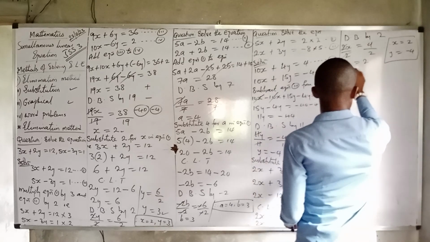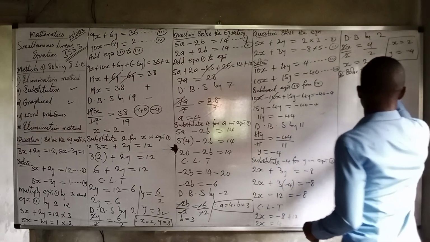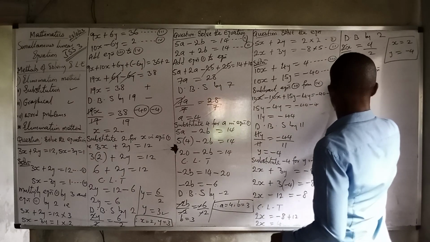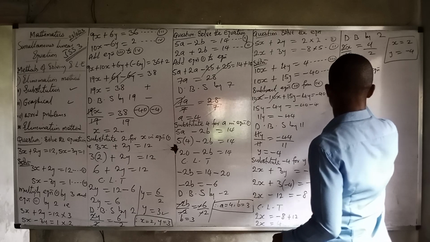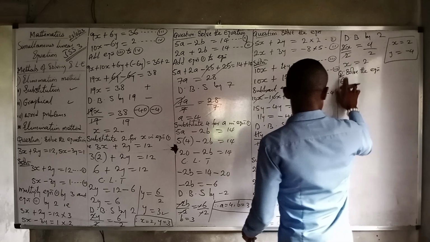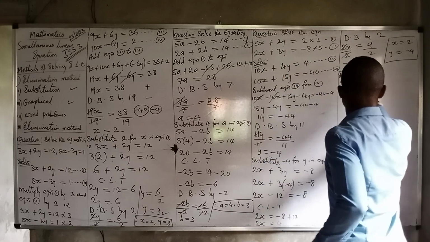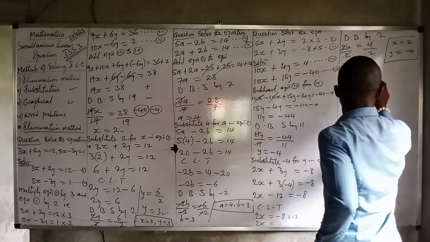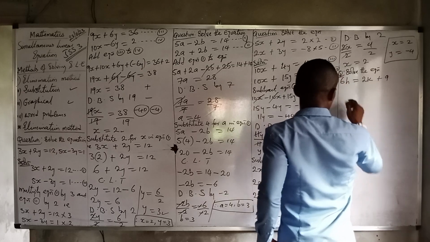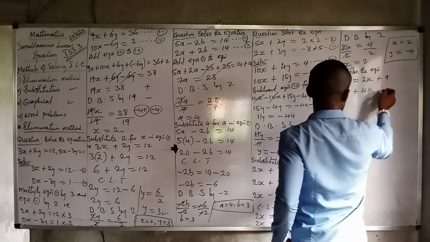To solve the equation, what is the question? 6h equals 2k plus 9, and 3h plus 4k equals 12.